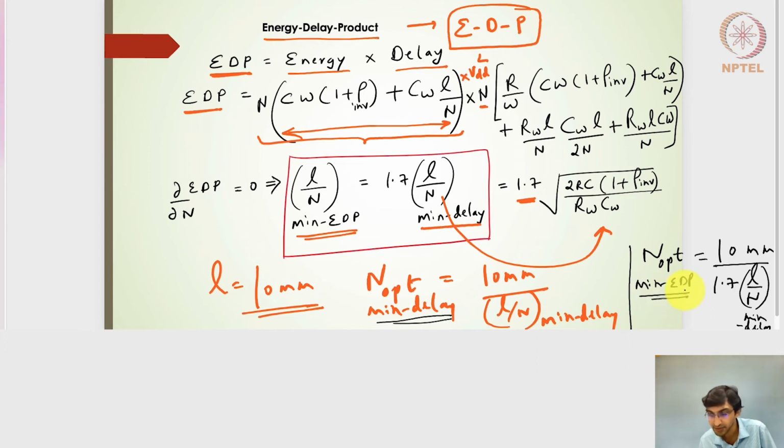For the minimum EDP, the number of segments as well as the number of repeaters will turn out to be less than what we require for the minimum delay, because this 1.7 parameter is coming into the denominator side and reduces the optimum repeaters. So hope this is clear and this will be useful somewhere in our design analysis.